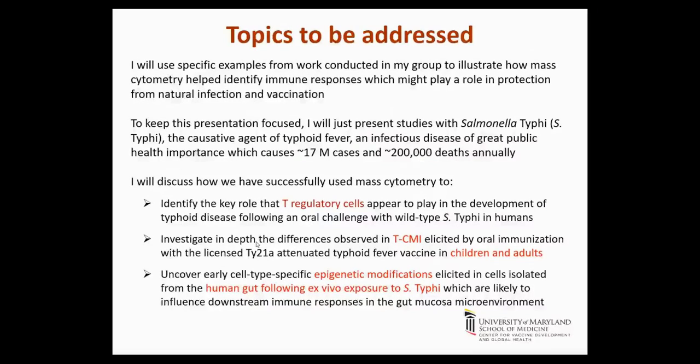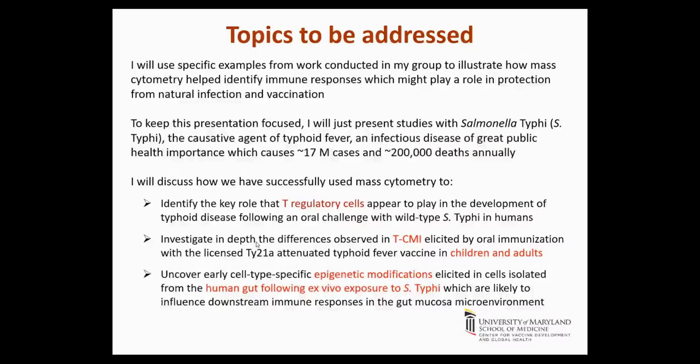Of the many organisms studied in my group, this talk will be focused on Salmonella Typhi. The reason why I selected this organism is because it's a disease of great public health importance, which causes about 17 million cases and 200,000 deaths annually.